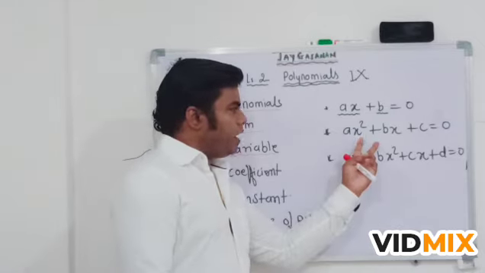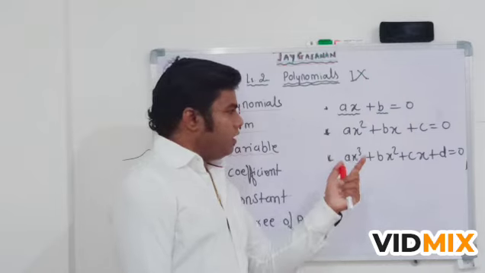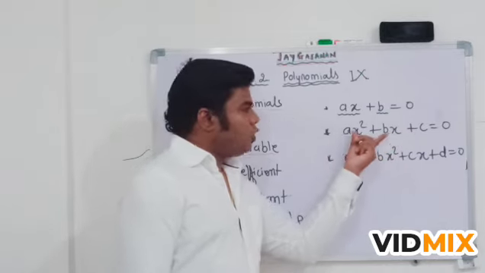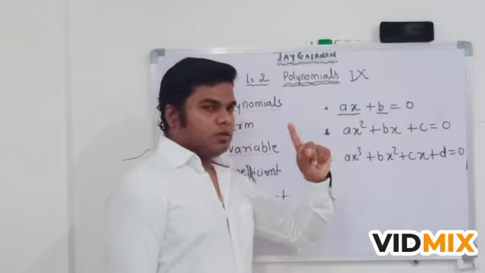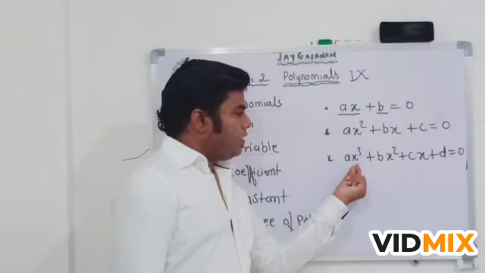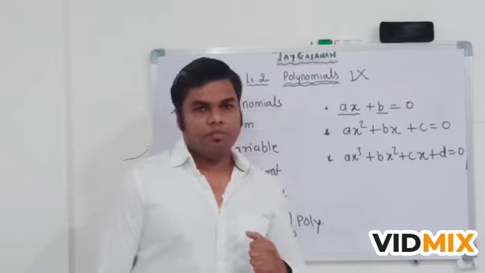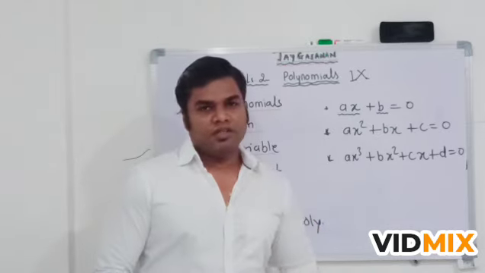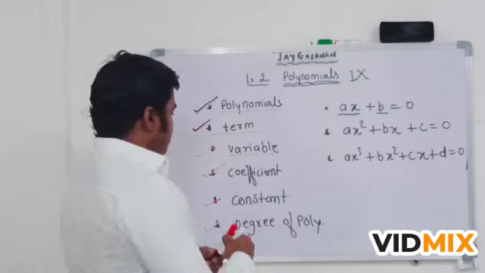Pardon, I'm extremely sorry, not two variables. One variable is there 2 times. Here there is one variable but it is 3 times in a particular equation. So these are called variables. So it is also done.